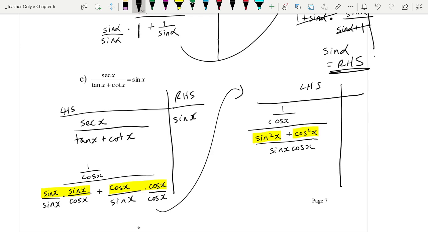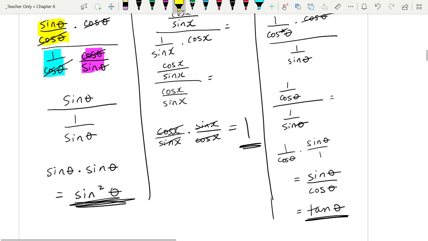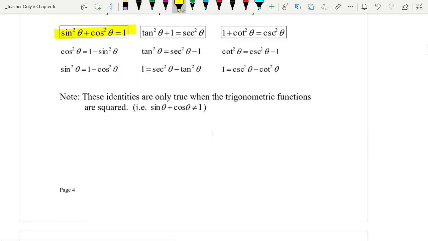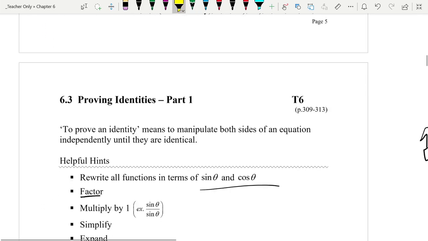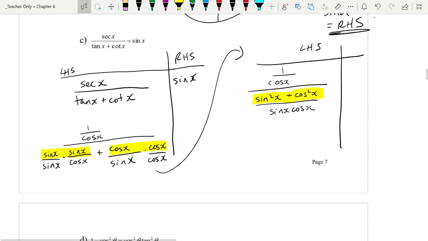Like I told you, those equations that we looked at a couple pages ago are going to come in real important. What can you tell me about this line right here? What's sine squared x plus cos squared x? It's 1. So I can use an identity that I know is true and replace this line here with 1.